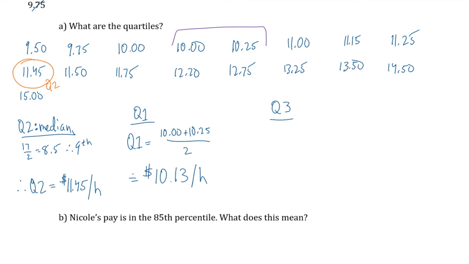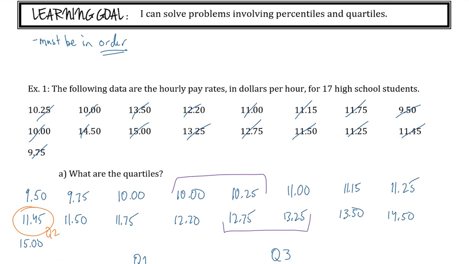Third quartile. Again, 1, 2, 3, 4. It's going to be these two middle values of the upper half of the data. And again, this is another thing that you need to think of. Do you have an even number of data points or odd number of data points? Let's write that down.